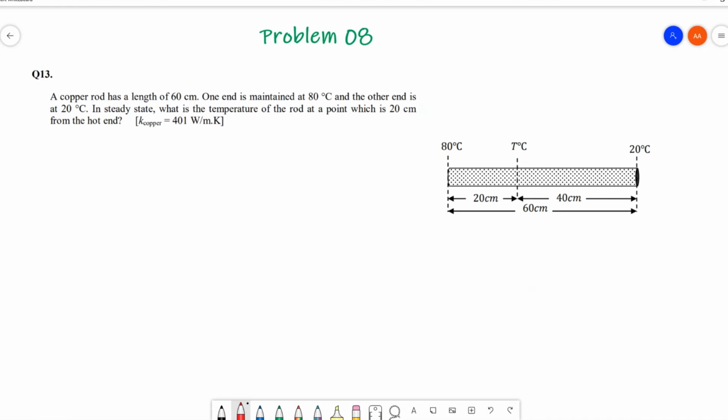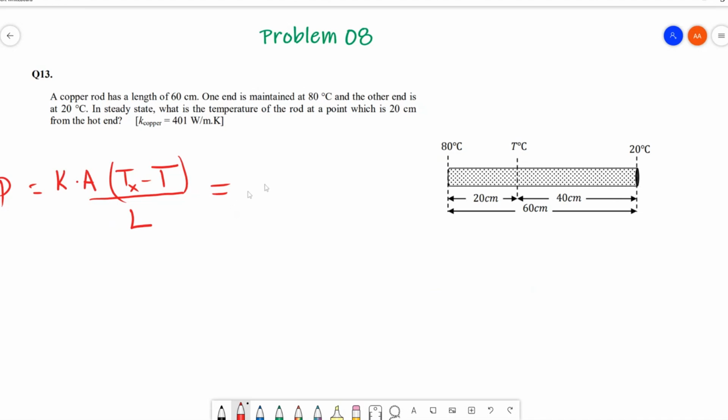So here the formula is very simple and well known. It is K multiplied by A multiplied by (T_x minus T), this final minus this one, over the distance L. If I calculate this power at this point, it will be the same between any 2 points, let's say this one and this one, for example.